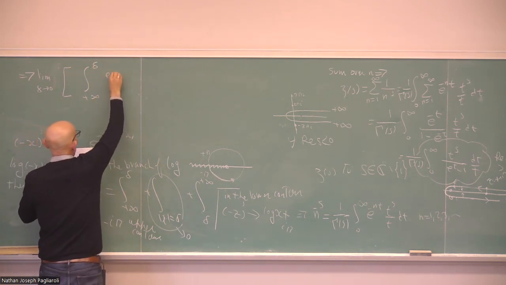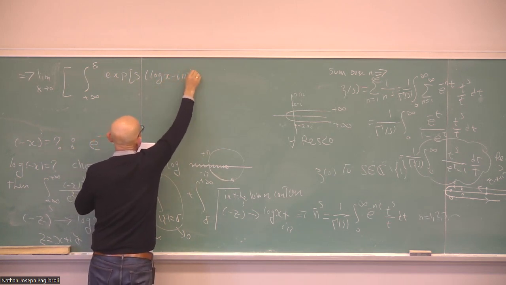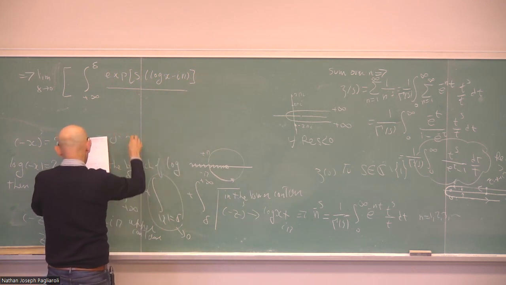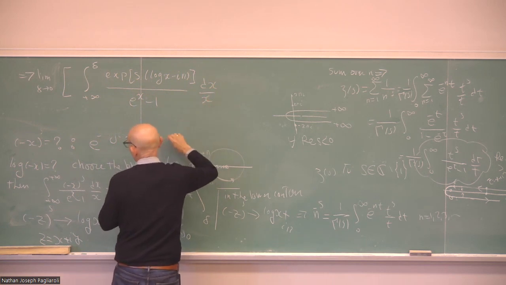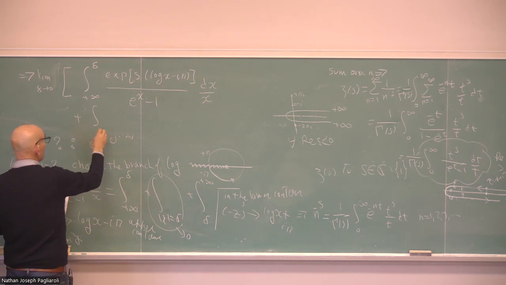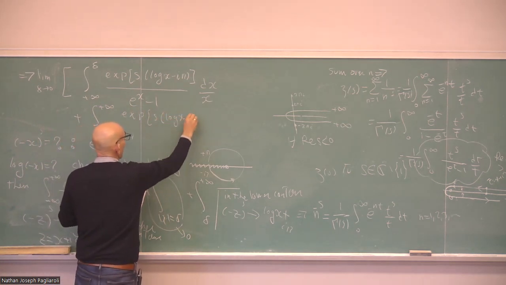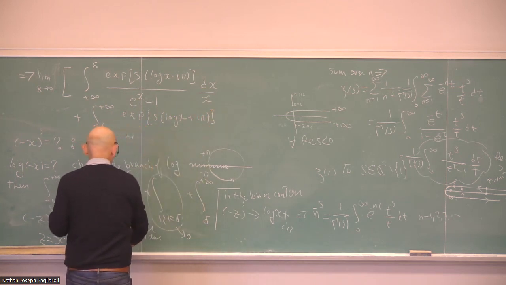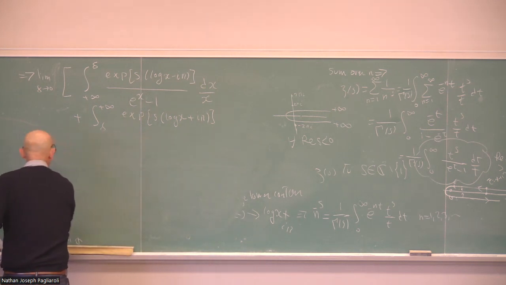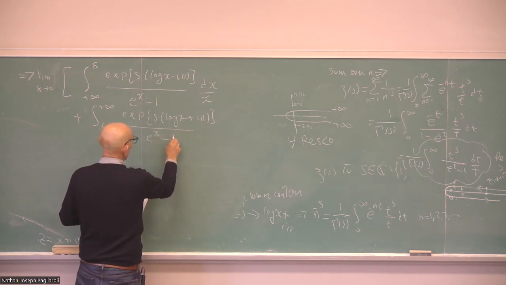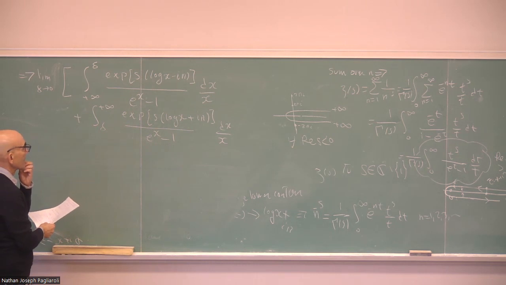You get exponential of s times log x minus i pi over e to the x minus 1, dx over x, plus integral from delta to infinity, exponential of s log x plus i pi over e to the x minus 1, dx over x.